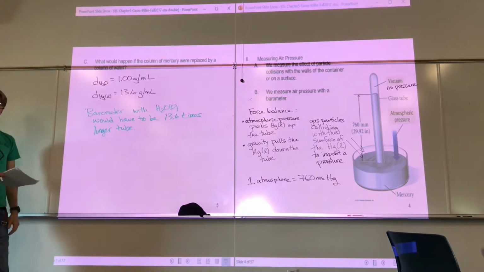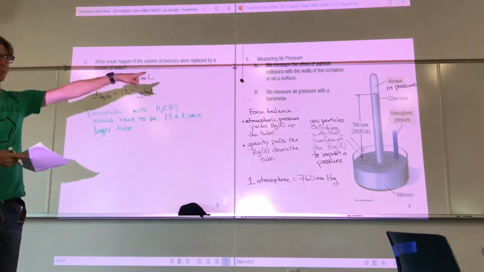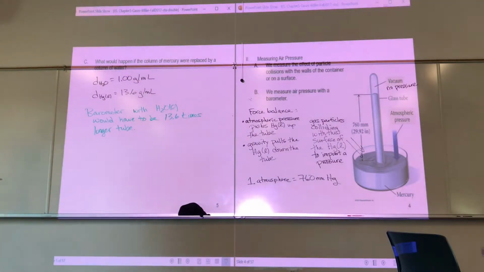Leo? Quick question, I think I'm getting ahead of myself, but at the top of that 30-foot water barometer, wouldn't the water boil because the atmosphere is so low? Like the vacuum? Yes, good question, because there's no pressure up there. So I imagine they probably use a variety of techniques to keep it from boiling.